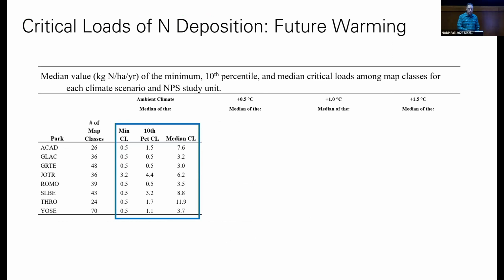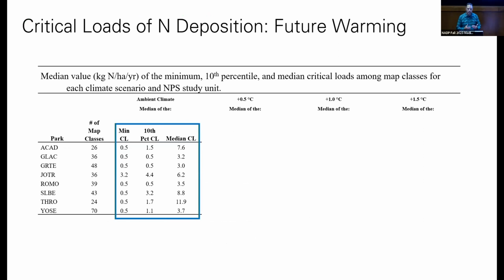So the title here says critical loads of future warming, but here in the blue box, these are the critical loads, a summary of the critical loads under ambient climate conditions. So this is the same data that was on that box plot, the minimum, 10th percentile and median critical loads, although then we're taking the median values of those distributions that were on that plot to really condense it down into one number that can be representative of the park.